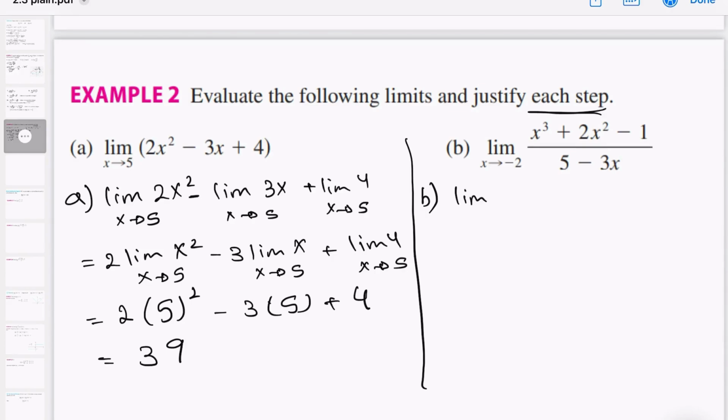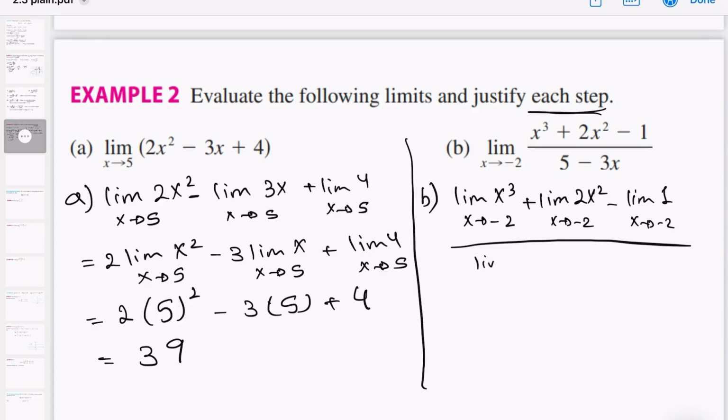And then I will use law 1 and 2, the addition and subtraction law. So I will have limit of x to power 3 as x goes to minus 2 plus limit of 2x squared as x goes to minus 2 minus limit of 1 as x goes to minus 2 over limit of 5 as x goes to minus 2 minus limit of 3x as x goes to minus 2.